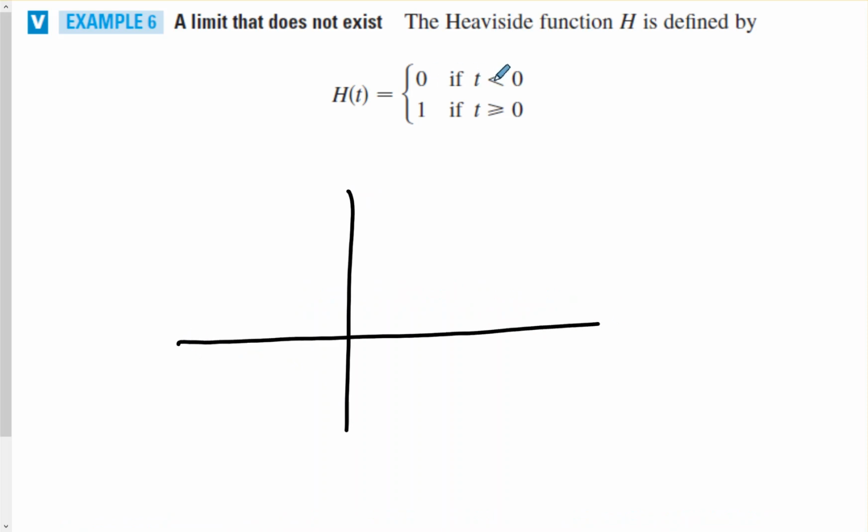It says 0 if t is less than 0. So our t's are here, and H of t would be here. So for t less than 0, it'll look like this. And then if t is greater than or equal to 0, then it would be at 1. So we'd have a closed circle going like that.